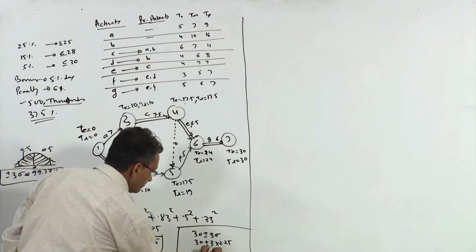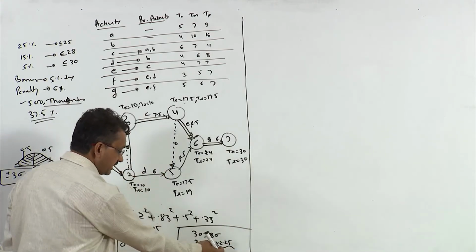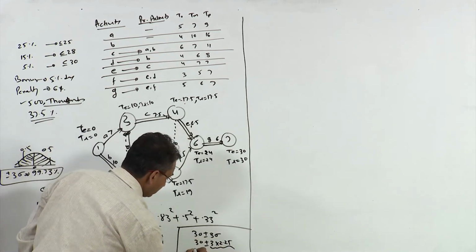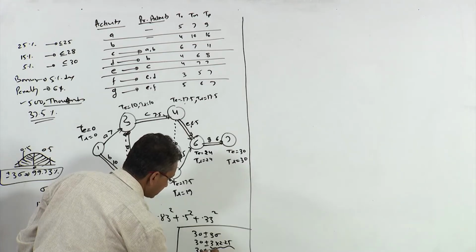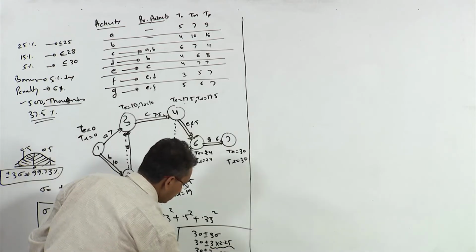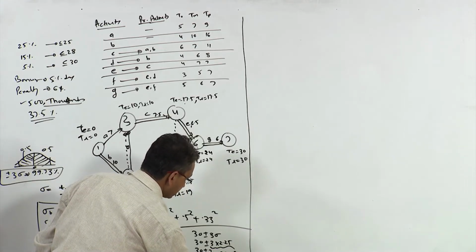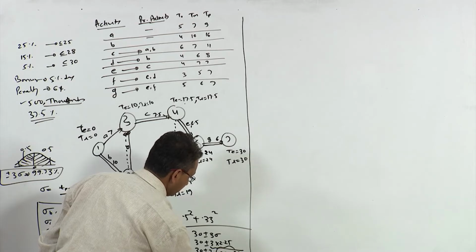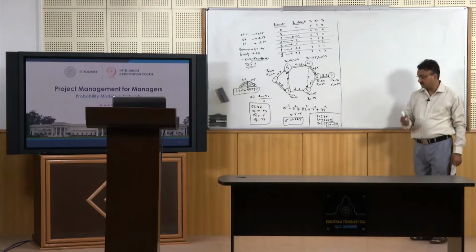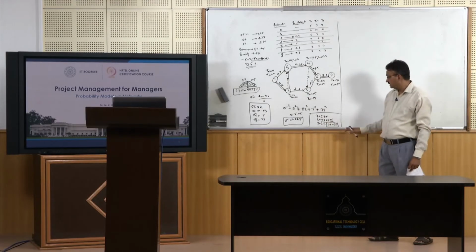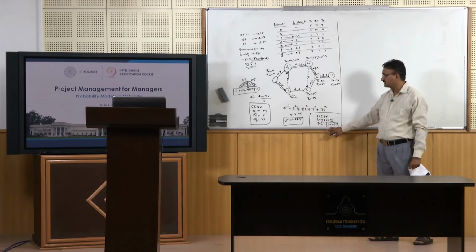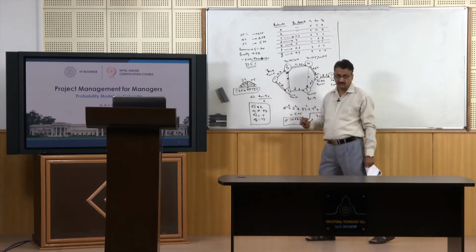Let us take this value as 7, though it is not exactly 7. So, you will have 30 plus minus 7. It means 30 minus 7 is 23 and 30 plus 7 is 37. This is the total possible duration, 23 to 37 days. The probability that you will complete this project within this range is 99.73%.